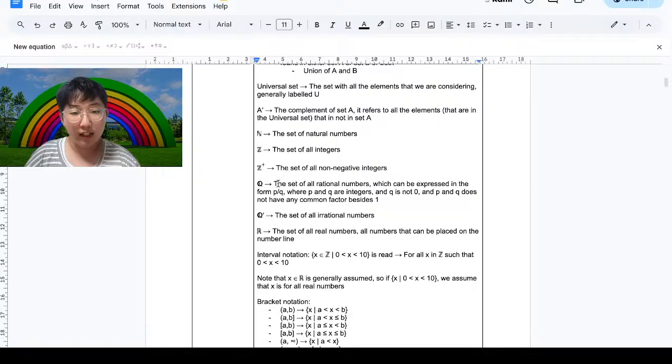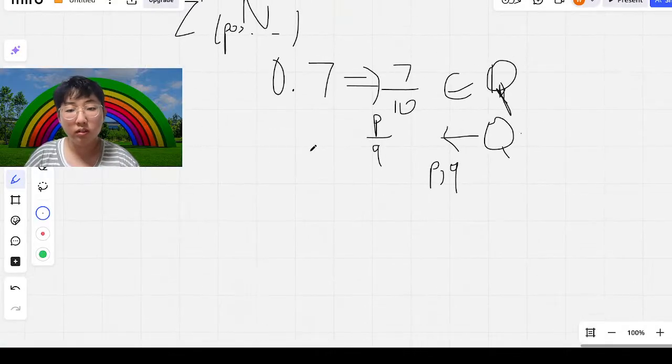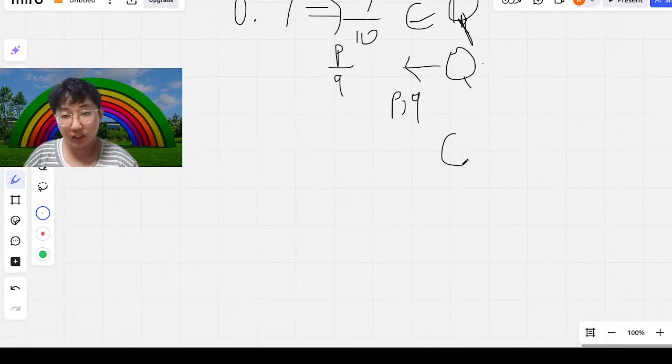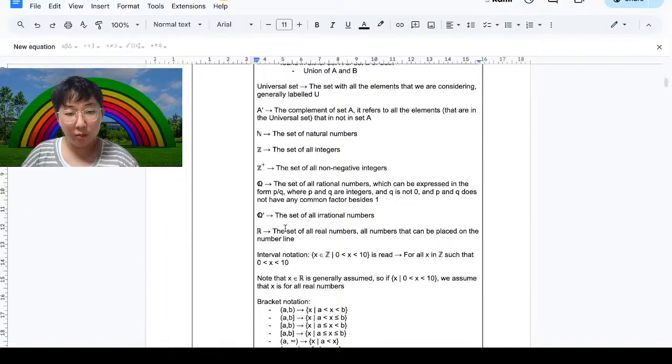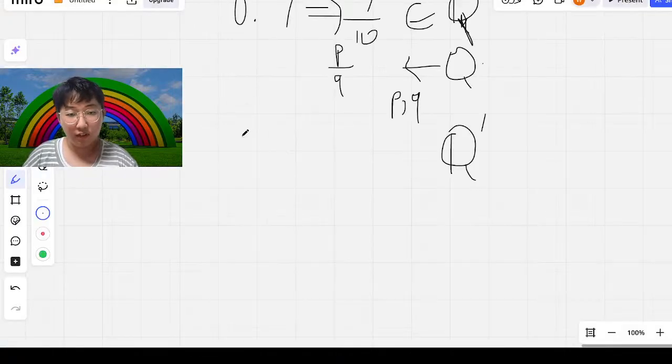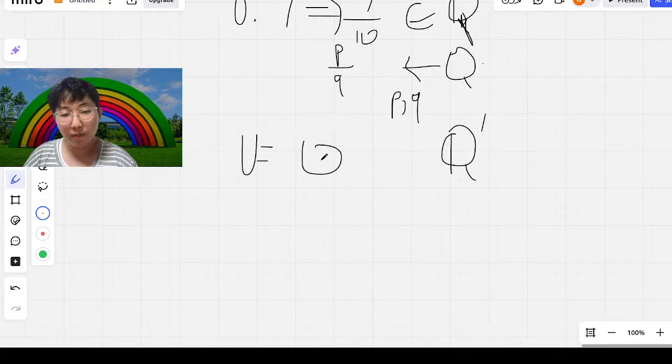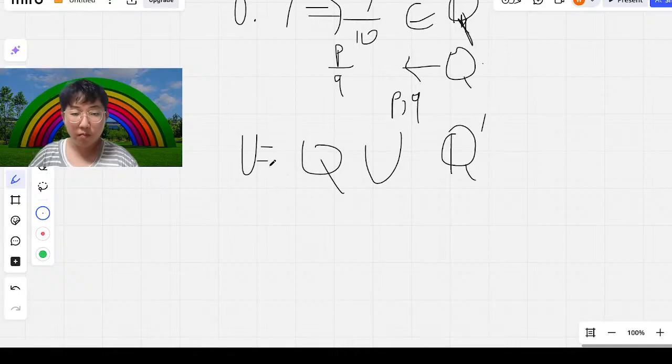Alright, so that is the set of all rational numbers. So what about the numbers that are not rational? We will just write Q prime. And generally, if we write Q prime, we think of dealing with all real numbers, which includes Q, the rational numbers, and the irrational numbers.